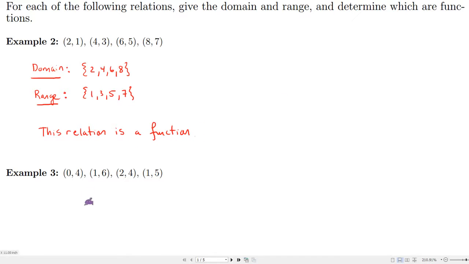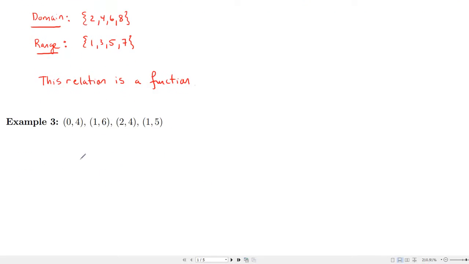Okay, how about the one down here? Here the domain: looking at the first coordinates, we have 0, 1, 2, 1. So that set is just 0, 1, and 2, right?